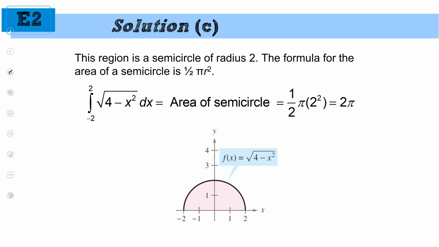Just to review, this function, in general form, the square root of r squared minus x squared, plus or minus, will tell you your semicircle. If it's positive, it's the top part of a circle with a radius of r. If it's negative, it's the bottom.